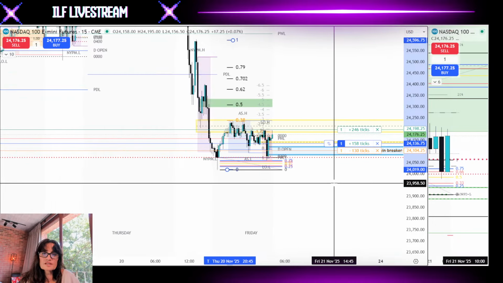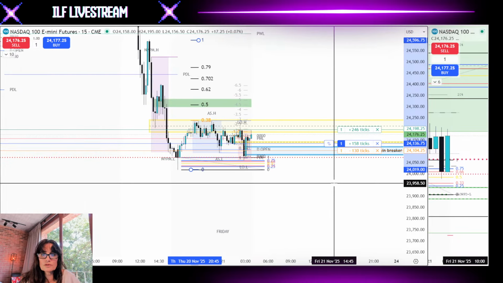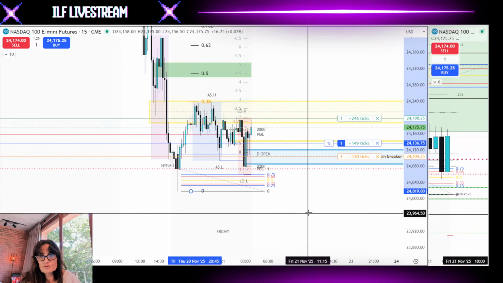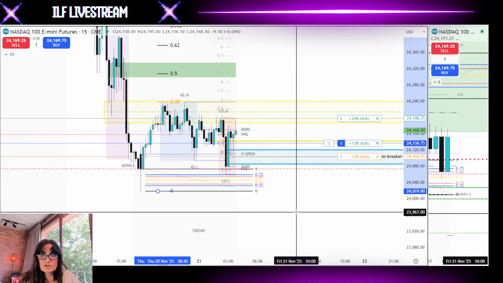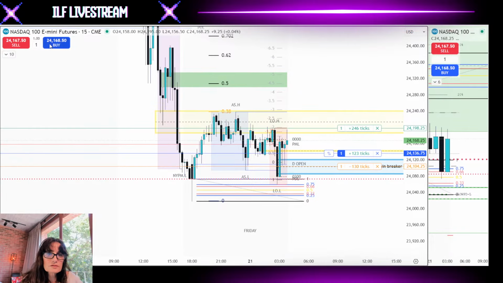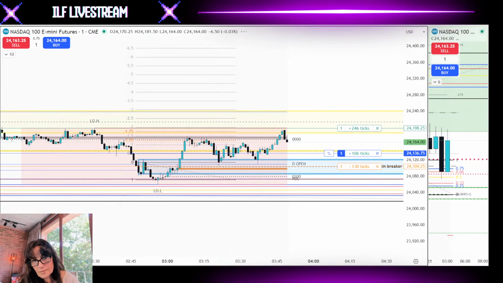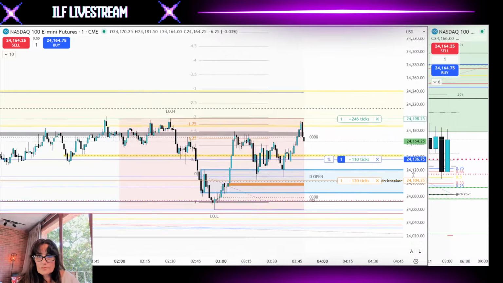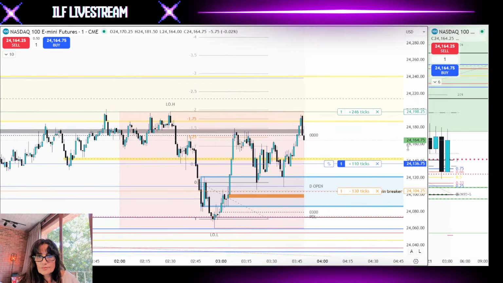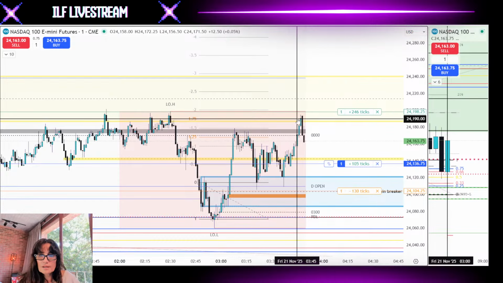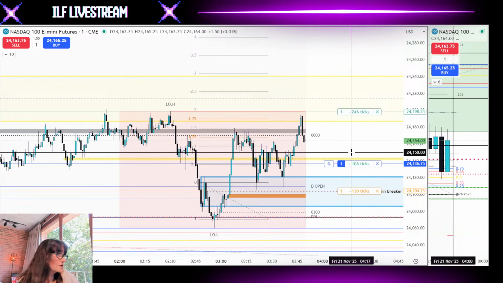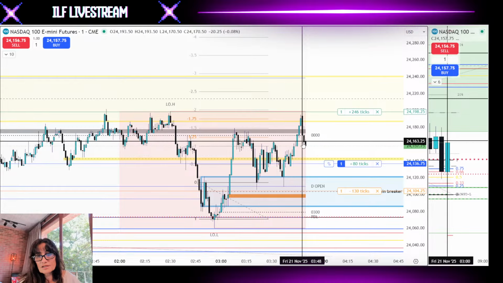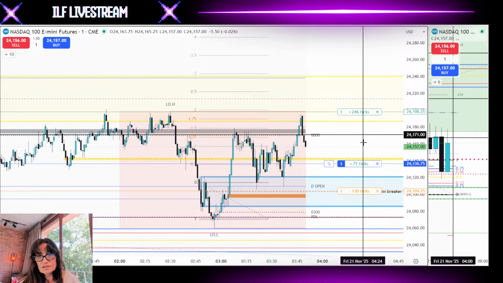So 38% is fine, but you don't want to frame a short from beneath that level, to be honest, at the moment. $348, $349. Don't be fooled by these two candles straight away to the downside.